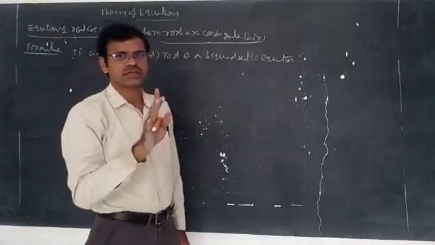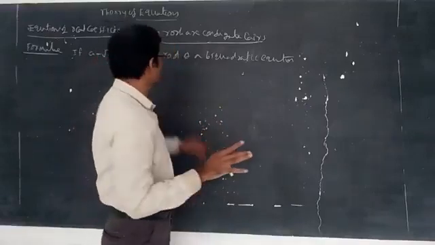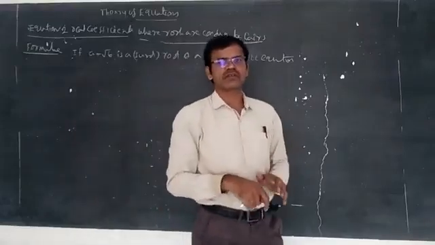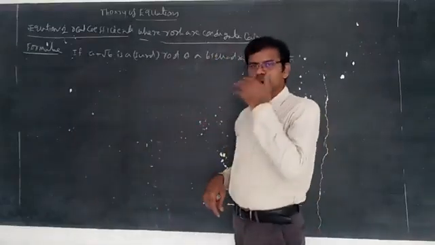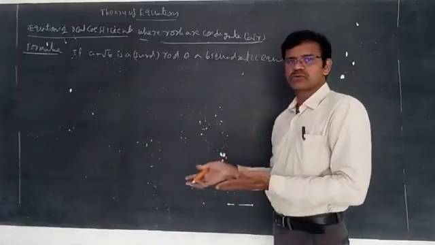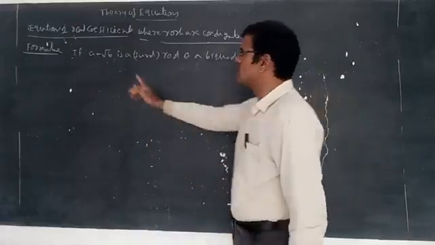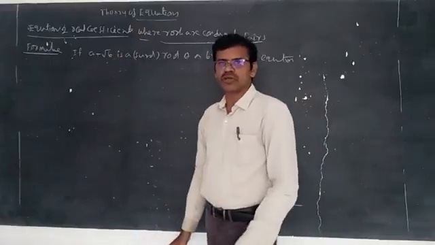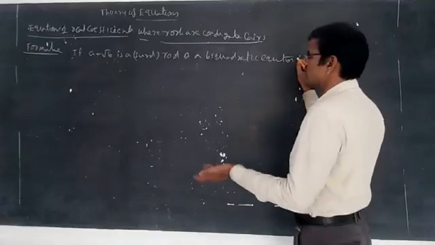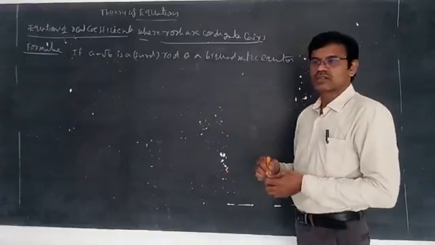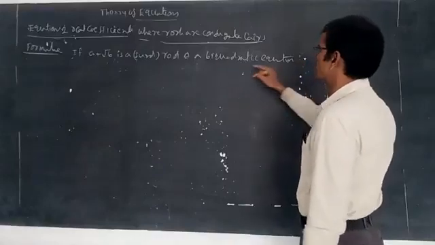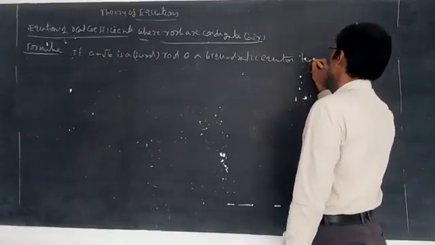Unless otherwise they mention, if only a single root a plus root b is given, then you can understand a minus root b, minus a plus root b and minus a minus root b are also roots. If you are given another two roots, no need to calculate; simply a plus root b and a minus root b are the only roots. If you did not mention, then you can understand a plus root b, a minus root b, minus a plus root b, minus a minus root b all are roots of a biquadratic equation.